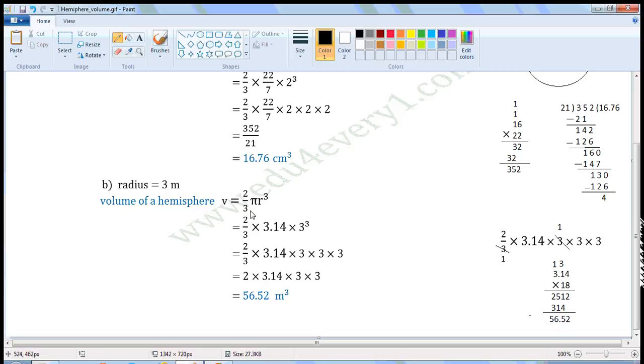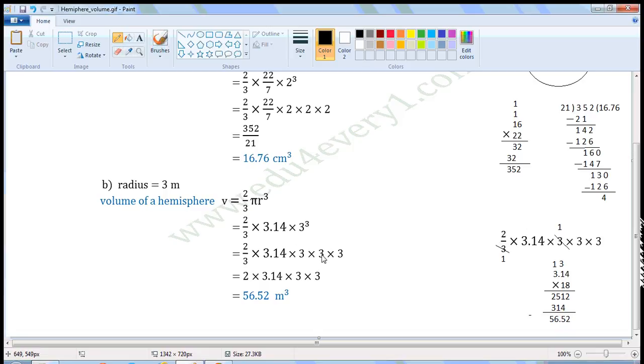Substitute the values of pi and r in this formula to find volume. That is equal to 2 by 3 into 3.14 into 3 cube. 3 cube means we have to multiply 3 times. So we can write this as 2 by 3 into 3.14 into 3 into 3 into 3.